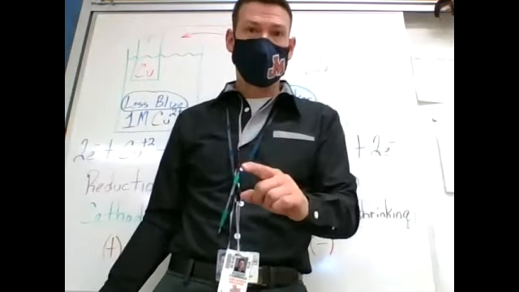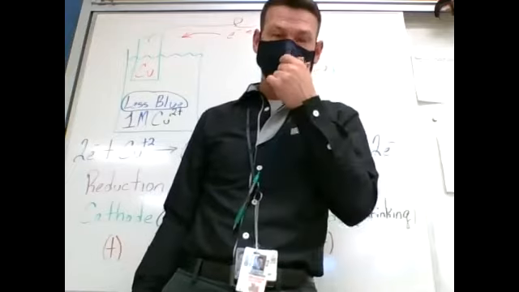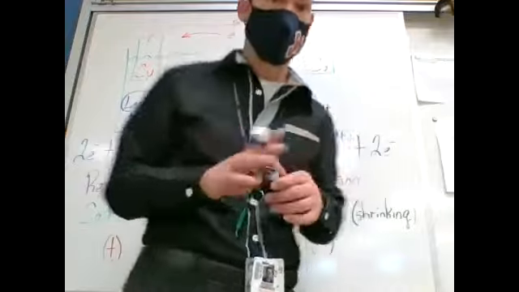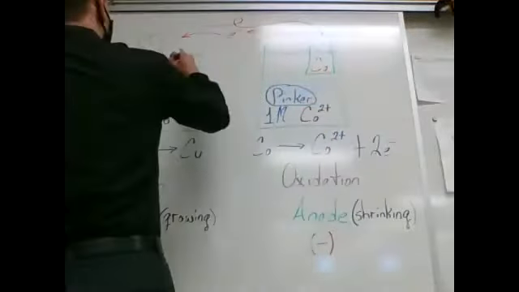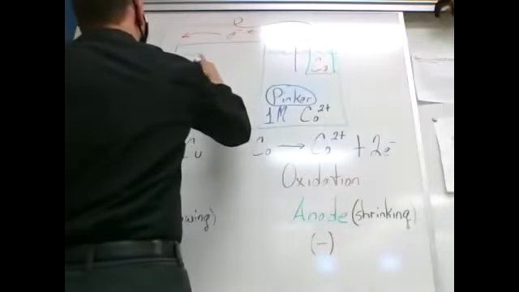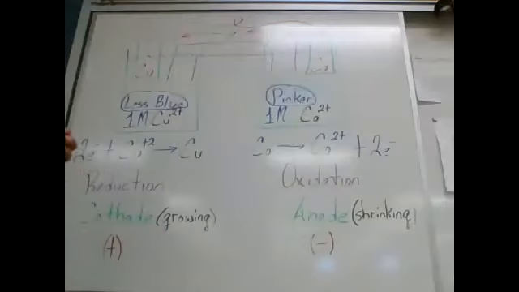But there's something else there to fix this problem. Number 13 in your steps says add a salt bridge. And here's what a salt bridge looks like. There's my salt bridge.